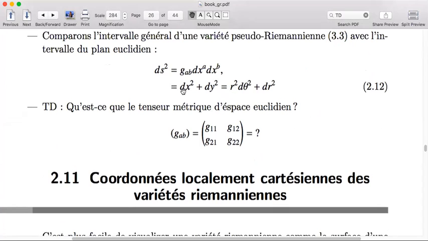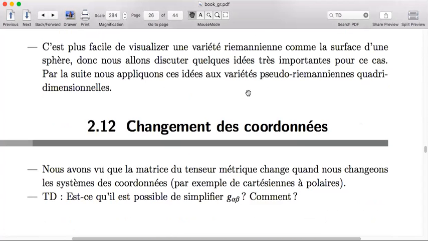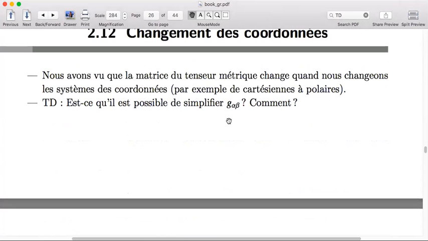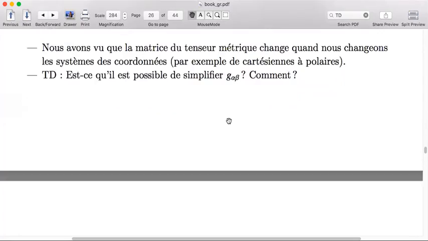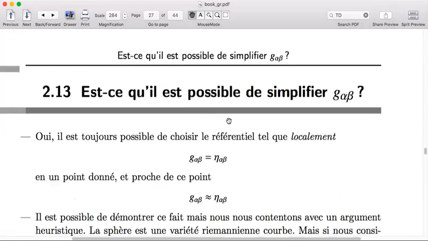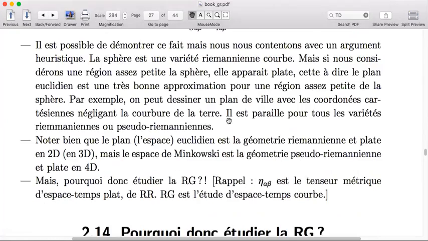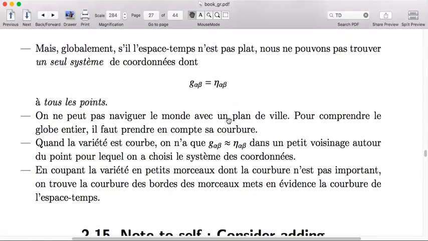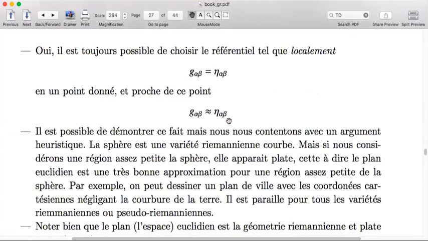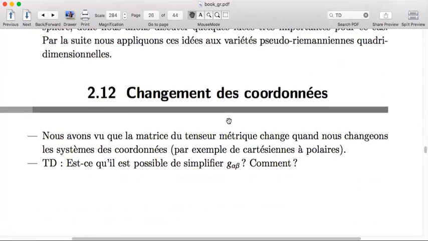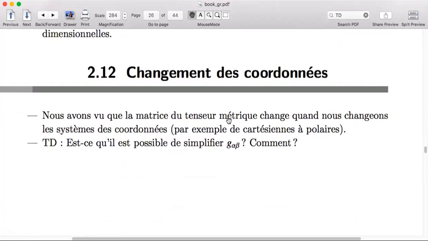I gave it to you in Cartesian coordinates, and I gave you the form of the line element for polar coordinates. But how would you do it in general if I didn't give you the answer? That's a question we're going to take up next, later on today.